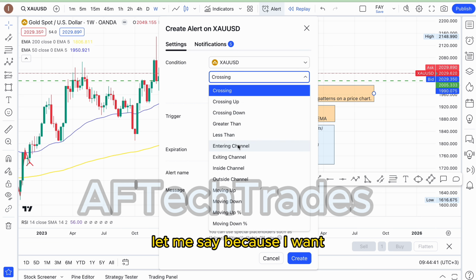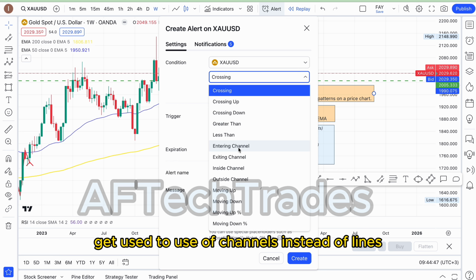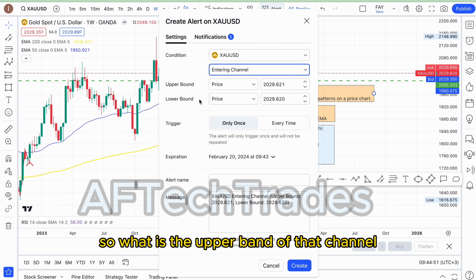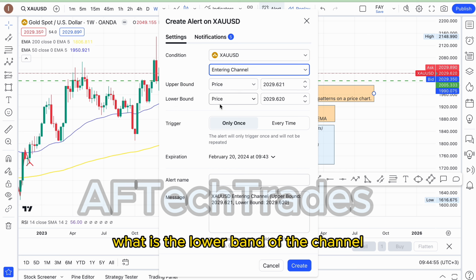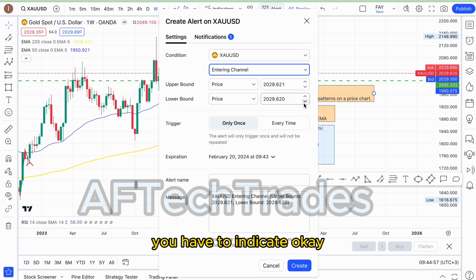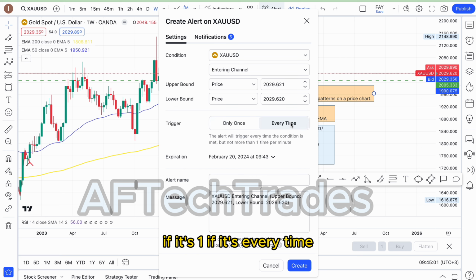So in this case, because I strongly want you to get used to the use of channels instead of lines, let me say when it's entering a channel. So what is the upper bound of that channel? You will have to indicate. What is the lower bound of the channel? You have to indicate. Okay, then is it once or every time? If it's every time, you set it to every time.